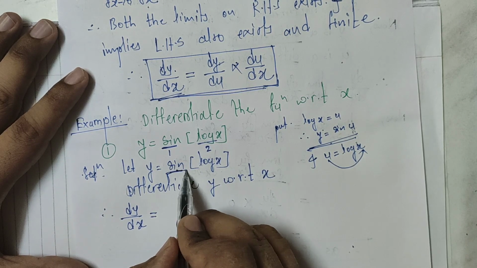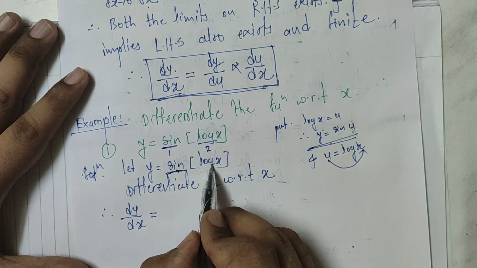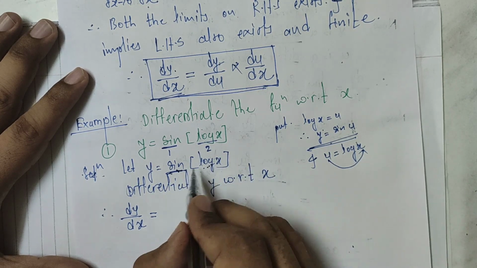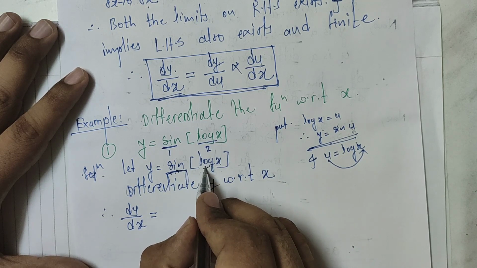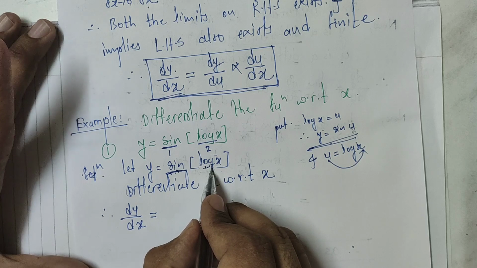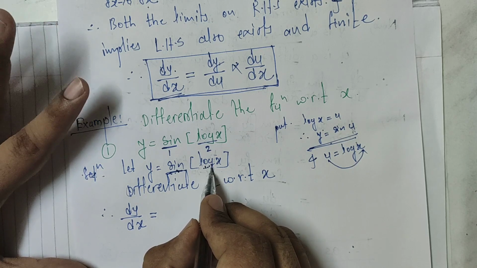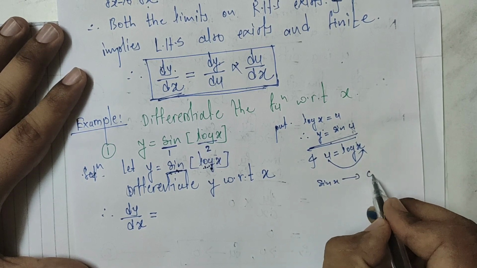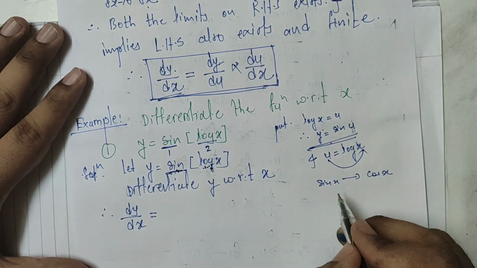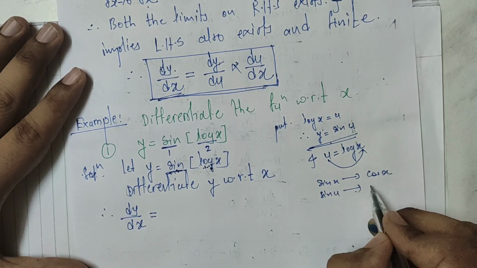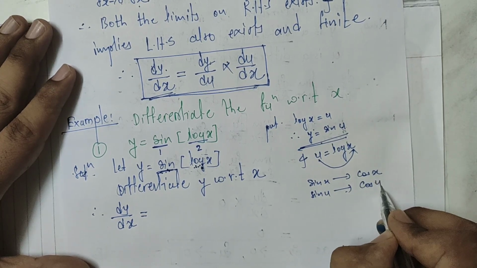Here we see that the first function is sine. Take log x as u in mind. Then we see the function sine u. What is sine u's derivative? Just like sine x, if sine x's derivative is cos x, then sine u's derivative is cos u.